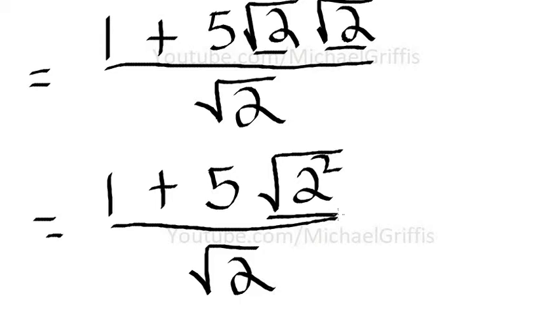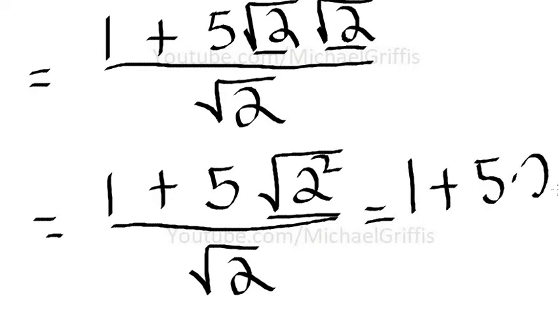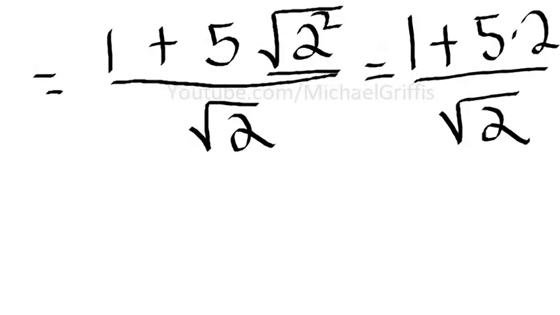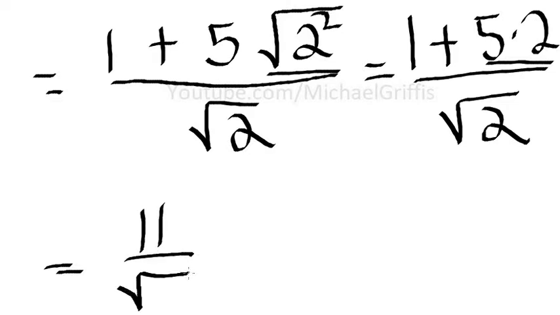However, the square root of 2 squared is just 2. So this just becomes 1 plus 5 times 2 over the square root of 2. Once again, 5 times 2 is 10, plus 1 is 11, over the square root of 2.